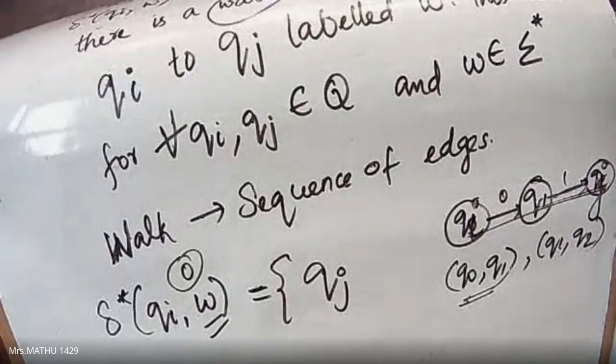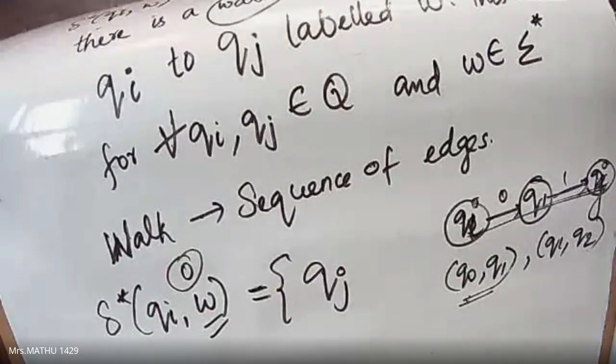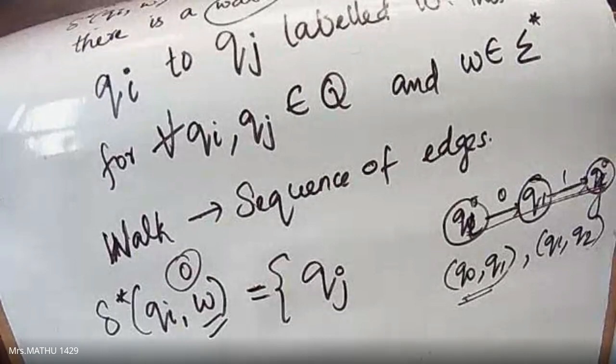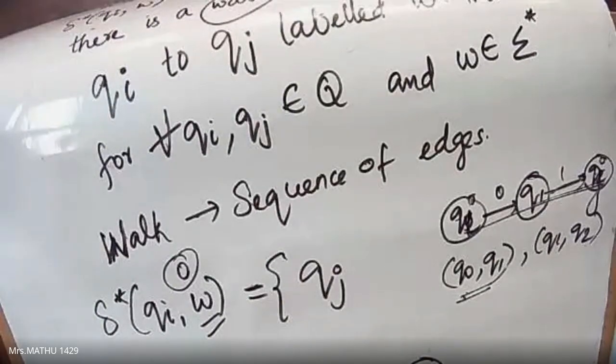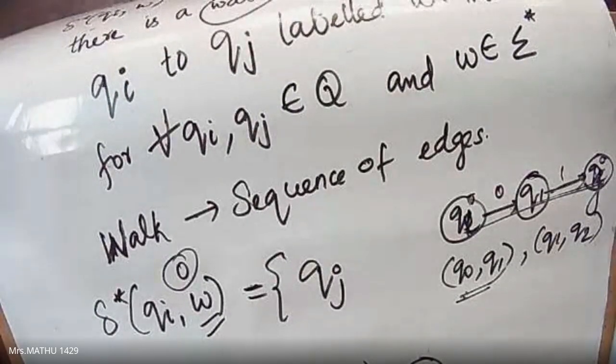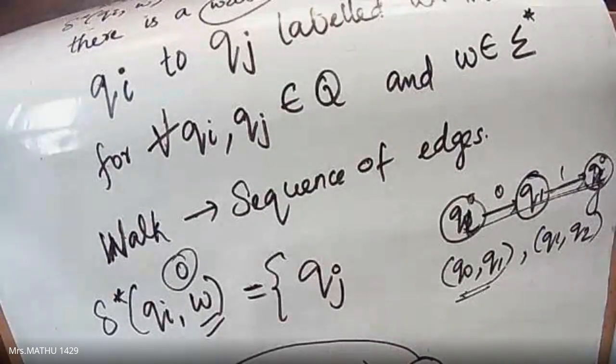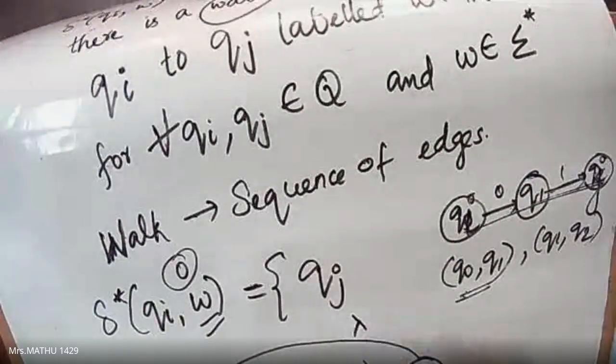Take this example: Q naught, A, Q1, Q2. Here it is a lambda transition, and here also it is a lambda transition.